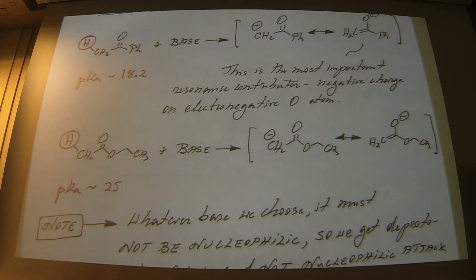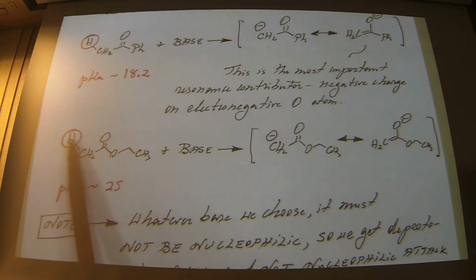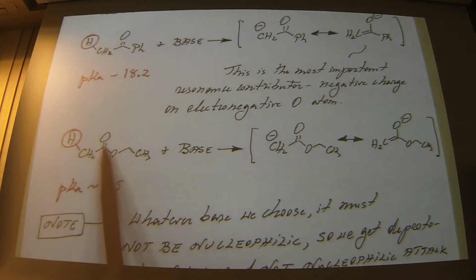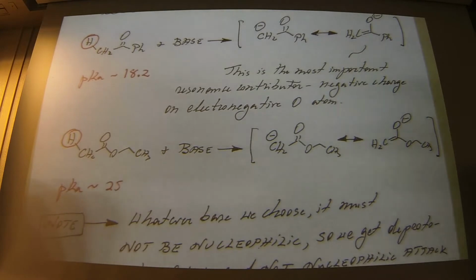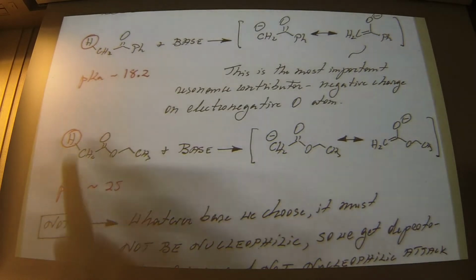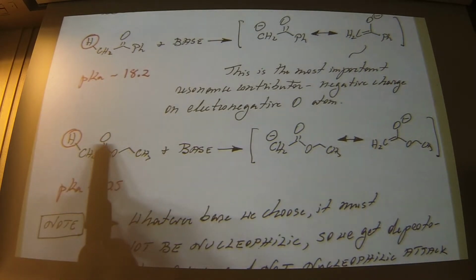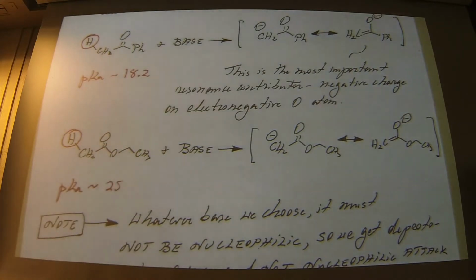Remember, I have acidity of the alpha carbon, but I have also electrophilic activity right there. So if I'm going to treat either one of these with a base that is also a good nucleophile, then I have a competition. Instead of pulling the proton, it might just form the tetrahedral intermediate. And so I've got to suppress that nucleophilic activity or I don't get the enolate.